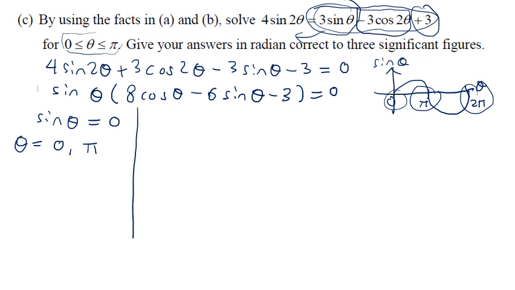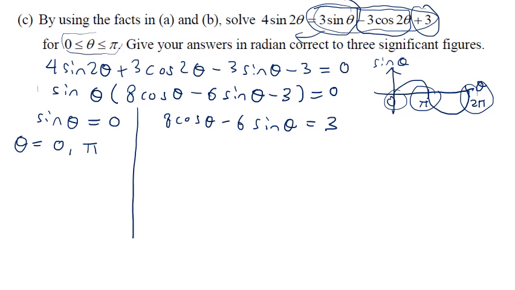The other solution would be 8 cos theta minus 6 sin theta minus 3 equals 0. We can rewrite it like this and straight away bring negative 3 to the right side, so it will become equals to 3 itself.